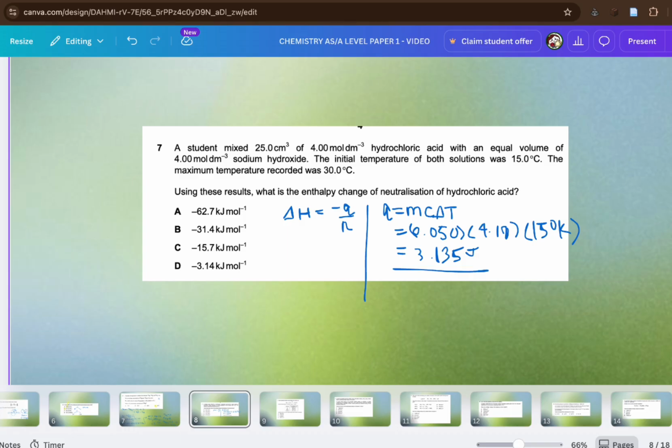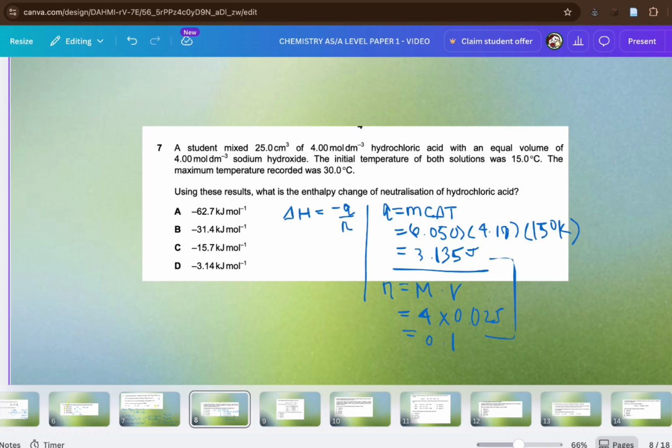Next, for the mole. To find the mole, we will multiply the concentration with the volume. We will not combine the volume from each of the compounds, by the way. We will use only one, which is 0.025, which results in 0.1.